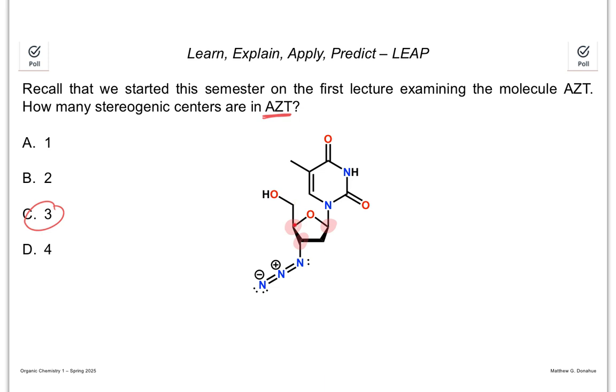We go down to the next one. We have CH2, oxygen, hydrogen, and then this CH with that azide group. So that's 4 different substituents. That's a stereogenic carbon. Then you can walk along the backbone and ask that question for each one.